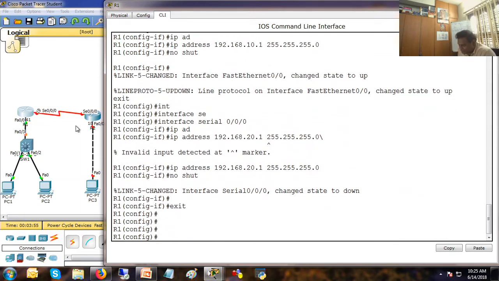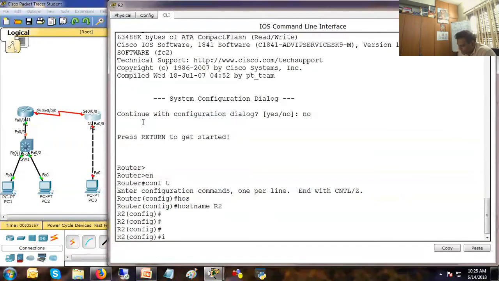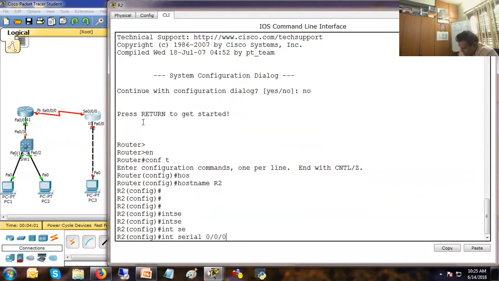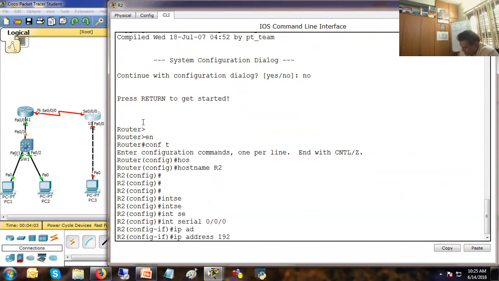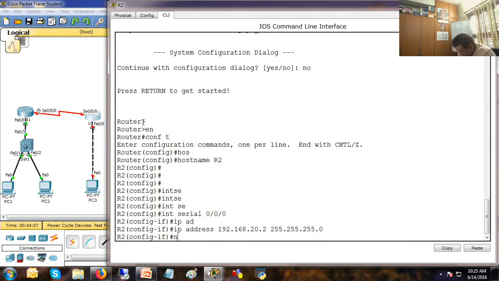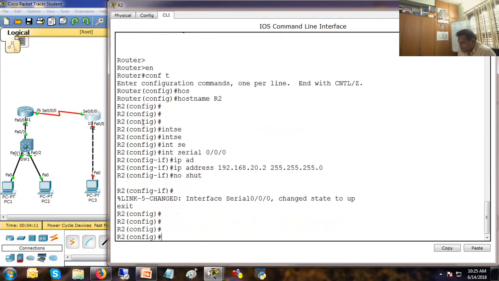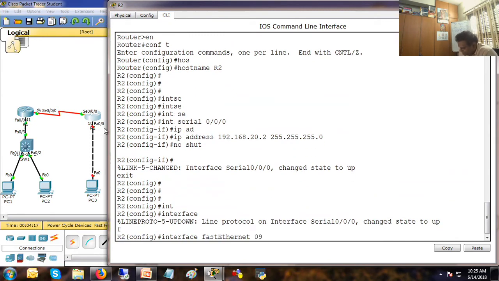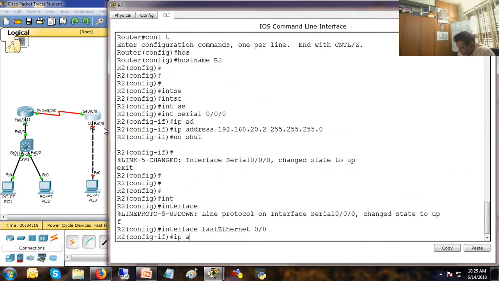Right. R2 serial, tell me: 192.168.20.2 /24. Next, R2 interface FA0/0: 192.168.30.1 /24.